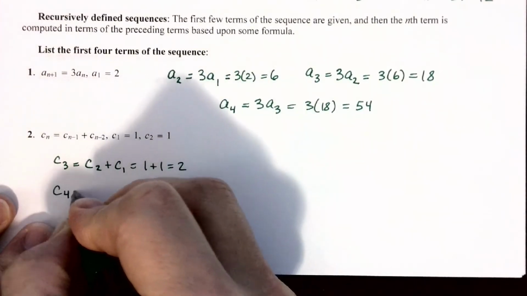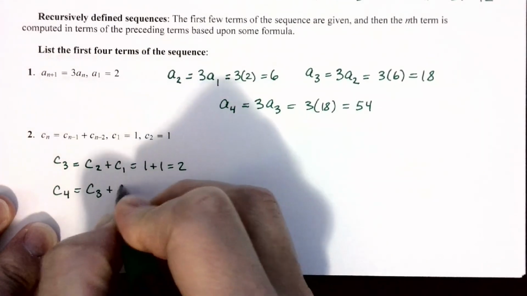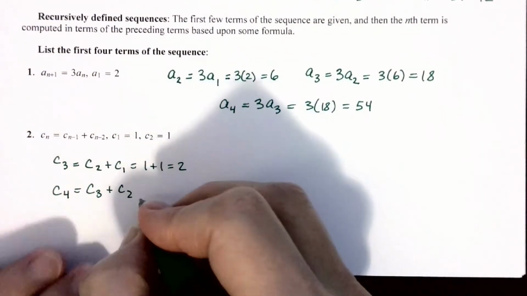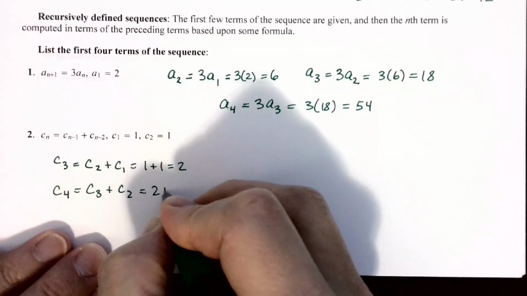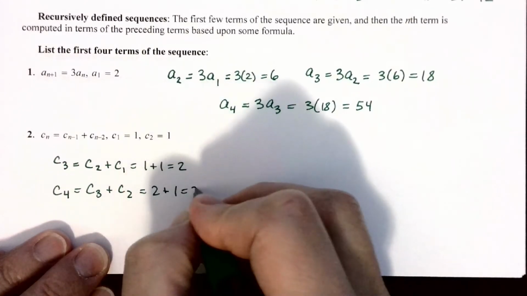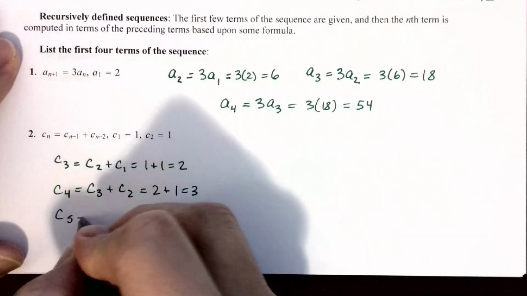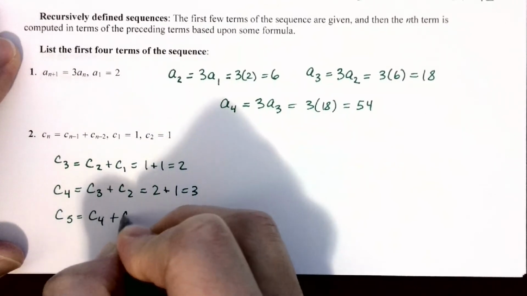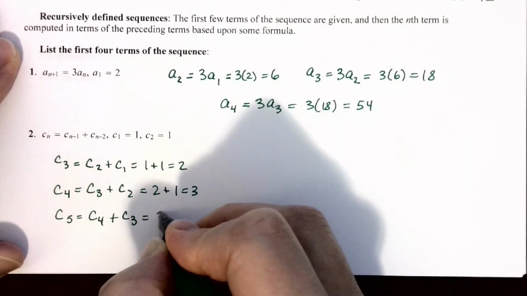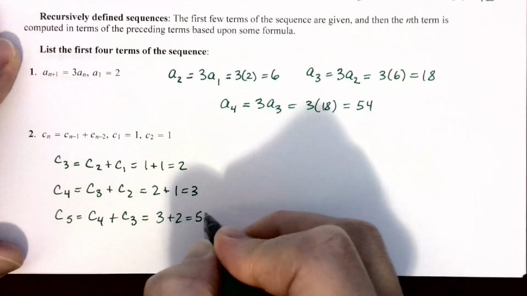C sub 4 is c sub 3 plus c sub 2. C sub 3 we just found is 2, plus c sub 2 was 1, so I get 3. C sub 5, c sub 4 plus c sub 3 is 3 plus 2 is 5.